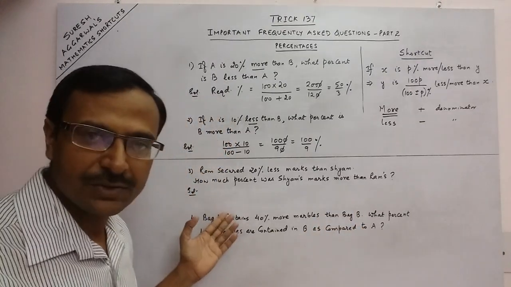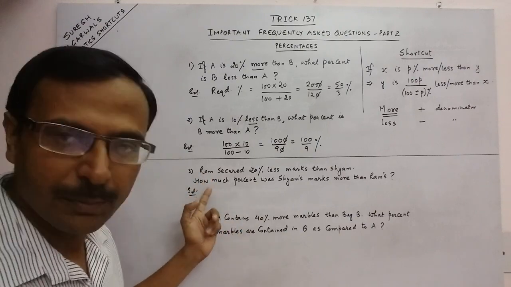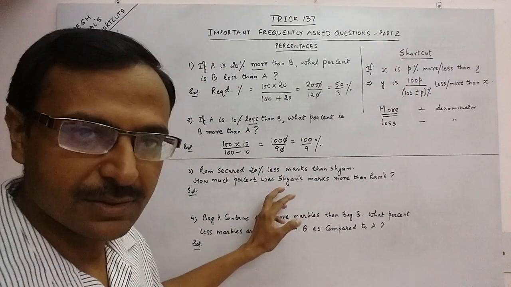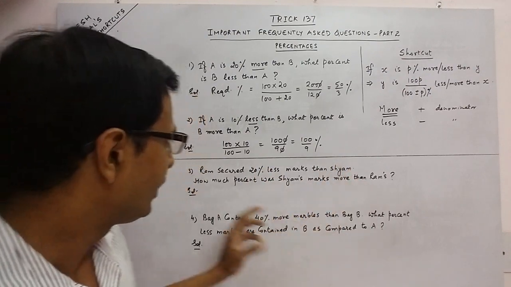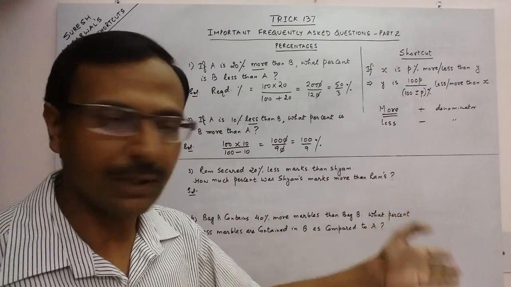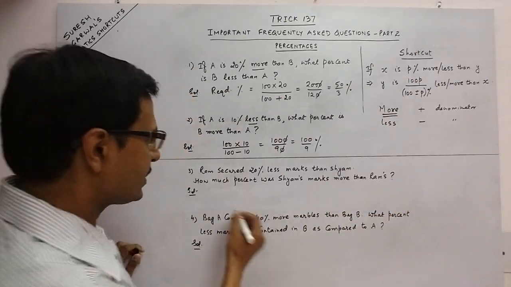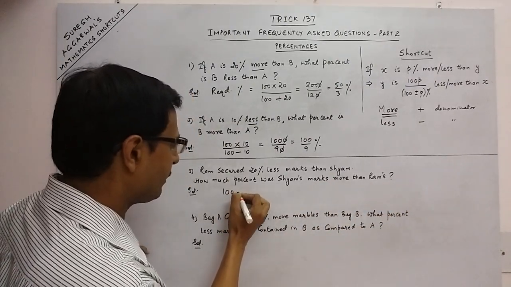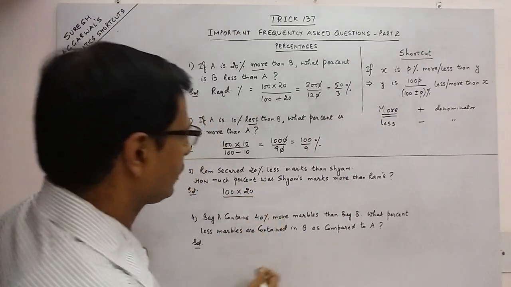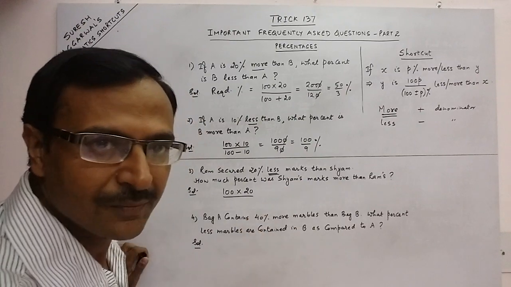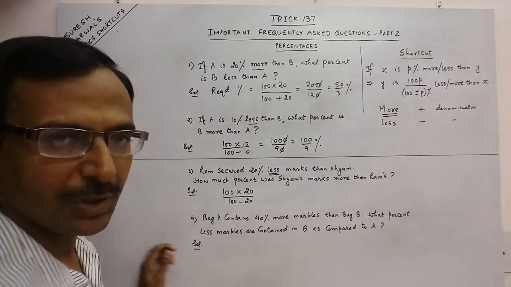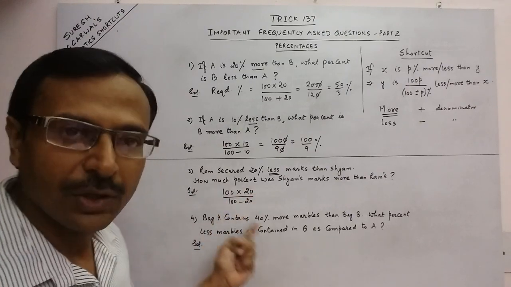Then another problem, Ram and Shyam, two persons. Ram secured 20% marks less than Shyam. So we need to find by what percentage Shyam's marks were more than Ram's. So required percentage again 100 multiplied by P, which is 20 here, upon, since we have the word less here, just write a minus sign between the two terms in the denominator.